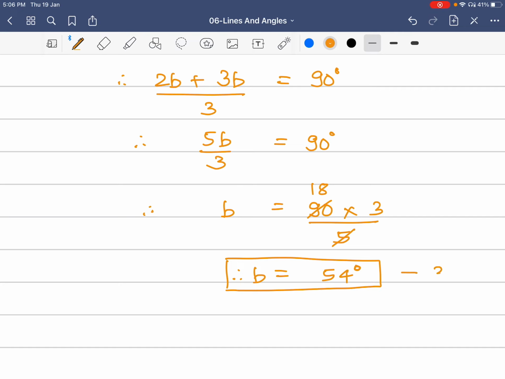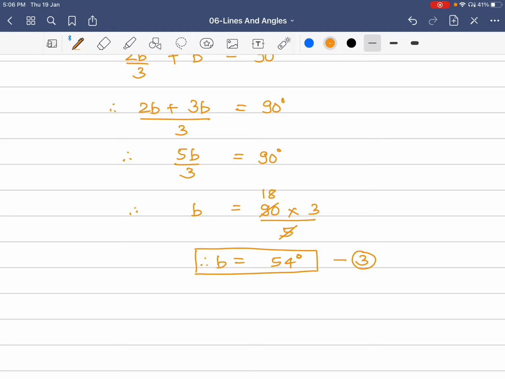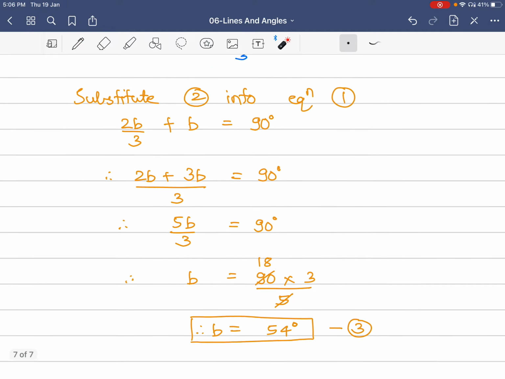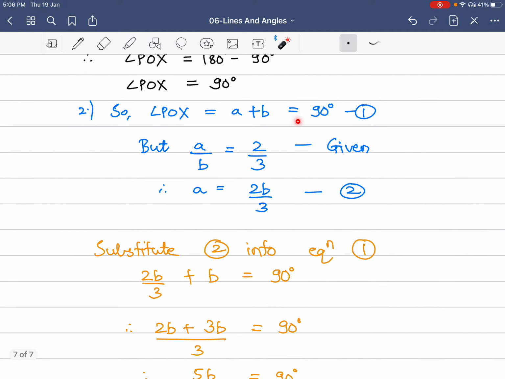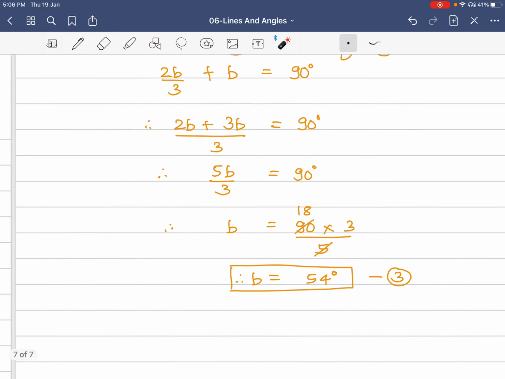Let's call this equation 3. Now this value B equal to 54 degree, we have to substitute in equation 1 and we'll get the value of A. So let's do that.